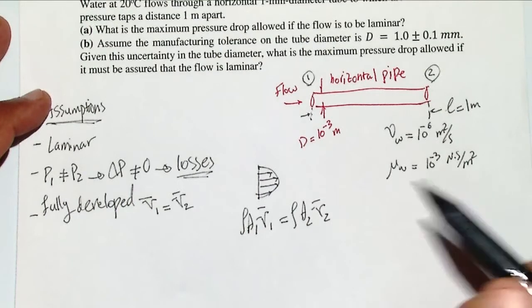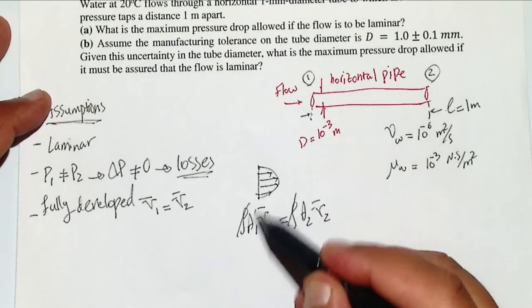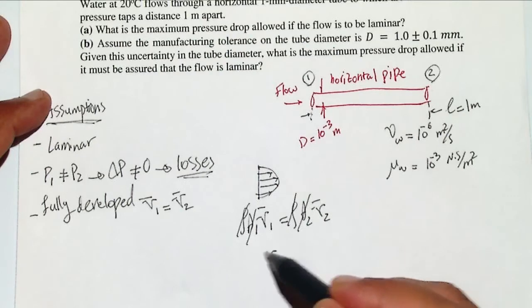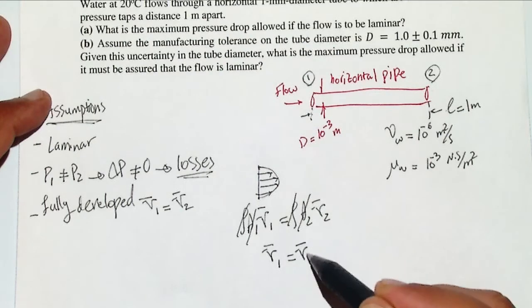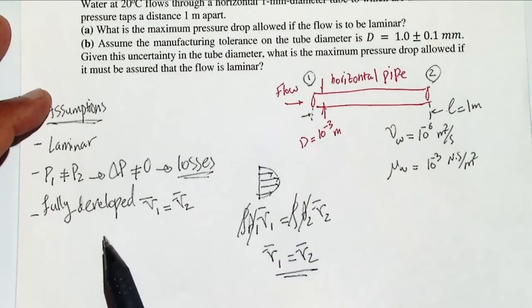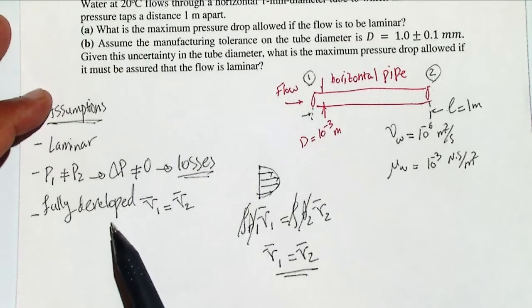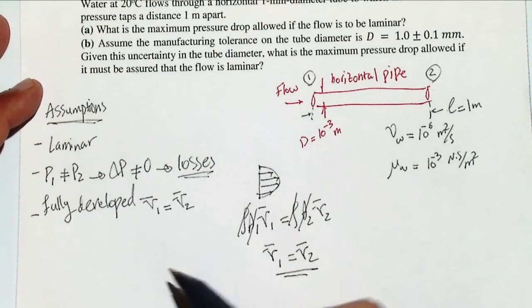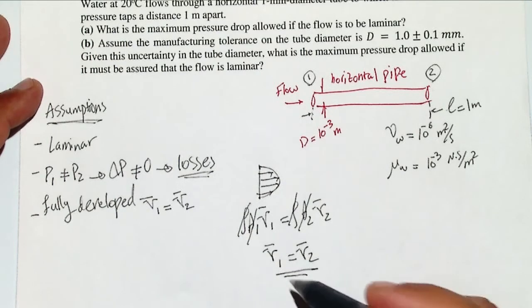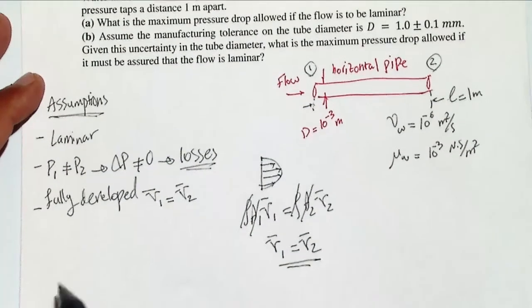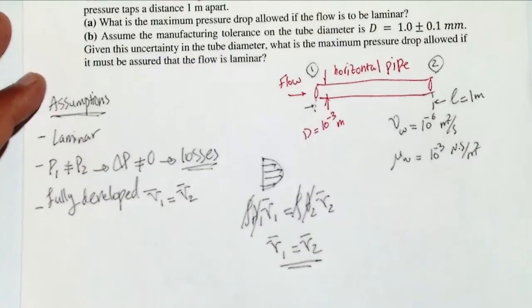The properties are constant and the areas are similar, so V bar 1 is equal to V bar 2. Since this is simple, you don't need to show it by applying conservation of mass, but you can write it down as an assumption because it's easy. Okay? So let's go for finding delta P.